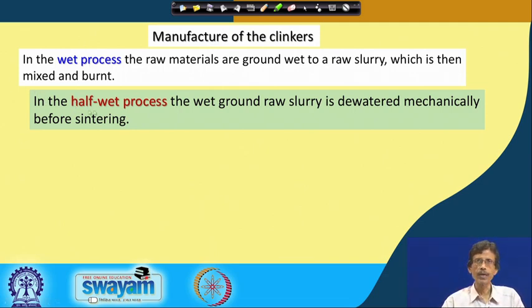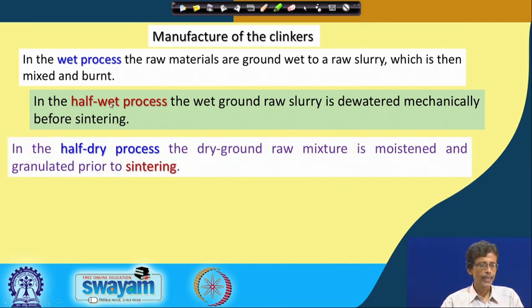Then one technique is known as the half wet process. You again have the ground wet process, but the raw slurry is dewatered mechanically before sintering. Some amount of water is removed, by decantation or filtration, so it is a mechanical dewatering process before sintering.